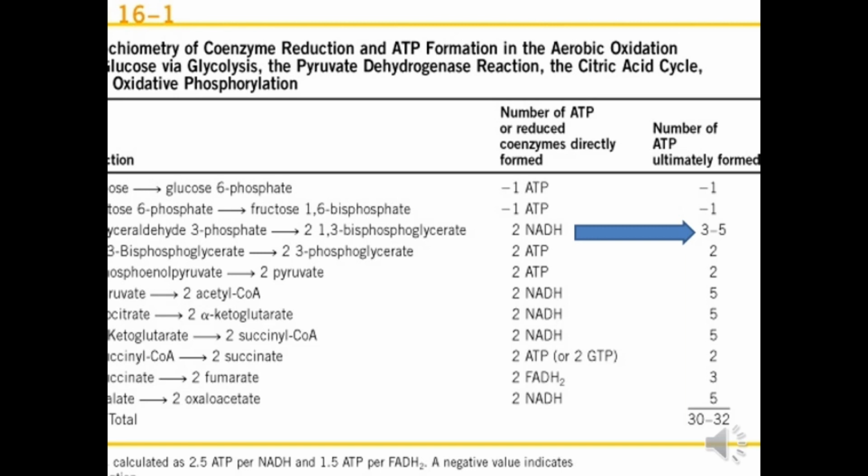But when it enters the mitochondria through the glycerophosphate shuttle, it produces only 1.5 ATP. The total is 3. So the total of ATP produced by glycolysis under aerobic condition is 7 or 5, depending upon whether this NADH enters the mitochondria through the glycerophosphate shuttle or malate shuttle.